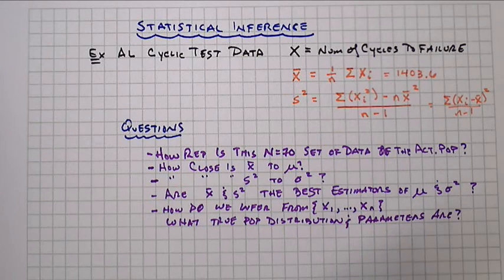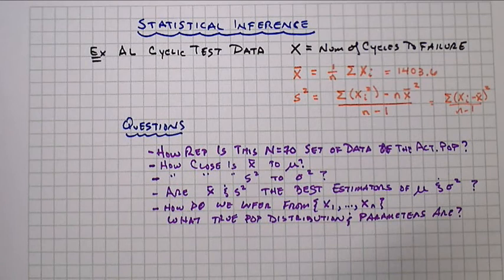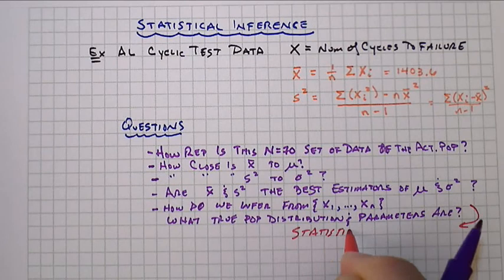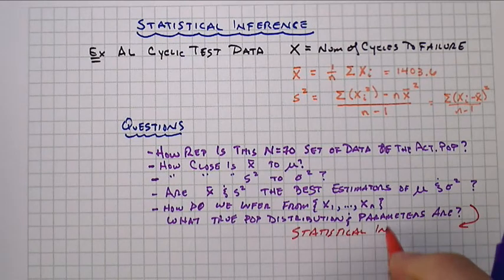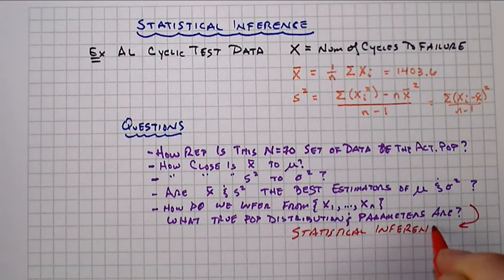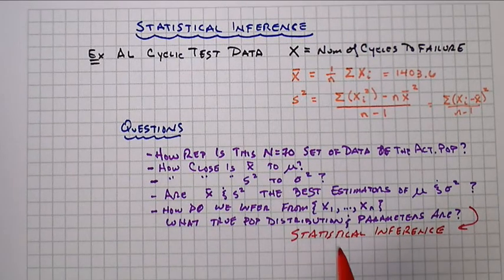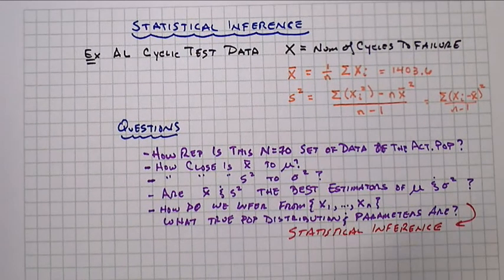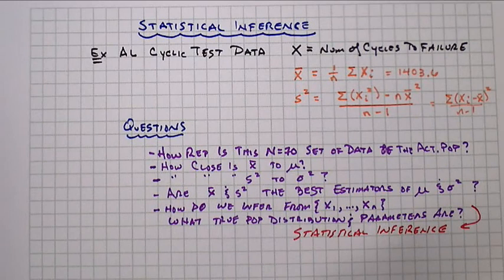That is really what statistical inference is. Little slip of the tongue, I said interference, because sometimes this stuff does seem to interfere with your life and your mind. Statistical inference is inferring from the statistics, these sample measures, the sample data, what the true population might be.